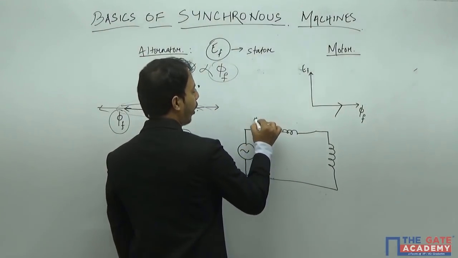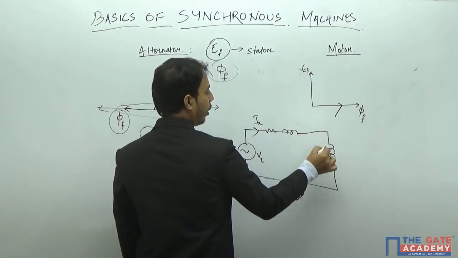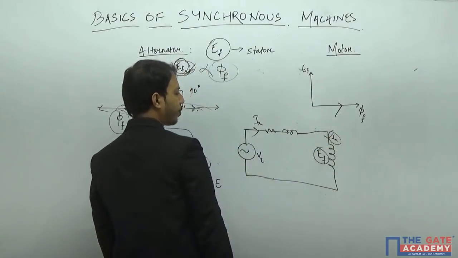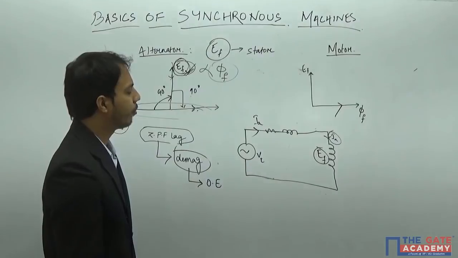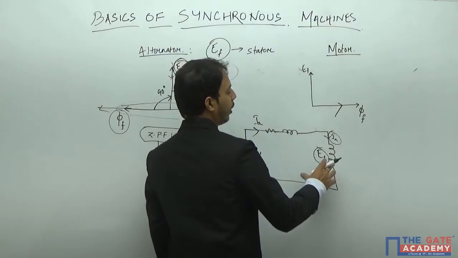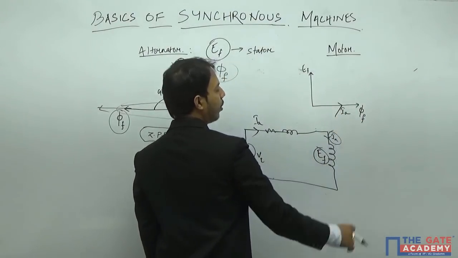Now current IA will flow in this way. Suppose the angle between the current which is flowing and the EF is 90 degrees lagging. So suppose the current is 90 degrees lagging, in this way IA.